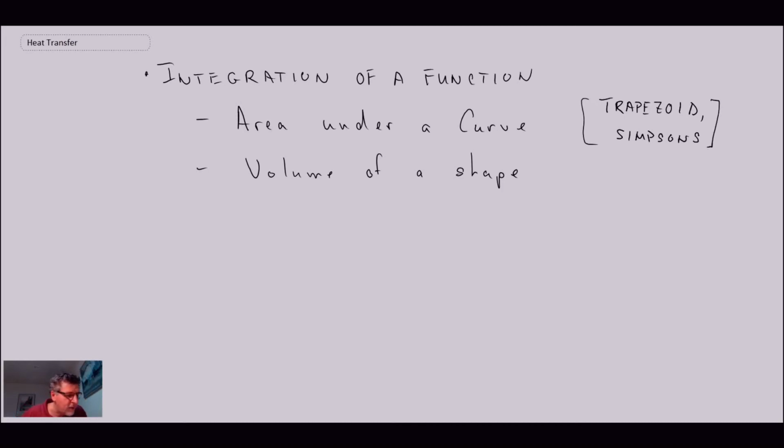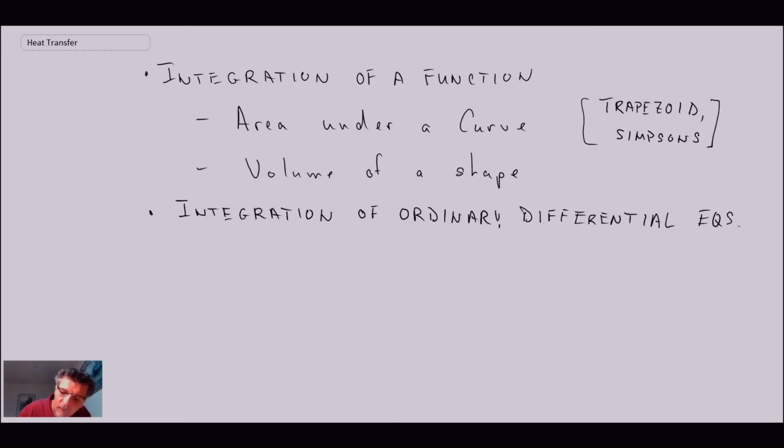So if you've taken a course in numerical methods, you'll recognize a lot of these. Another very common application in engineering is integration of ordinary differential equations. And there are different techniques that we can use, but a very common one used in engineering is Runge-Kutta. I've heard it pronounced different ways. I'm not sure how to actually pronounce the first name there, so I apologize if I am saying it incorrectly. So that's a common technique.